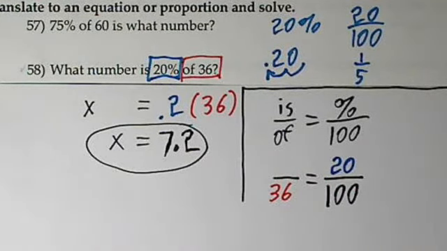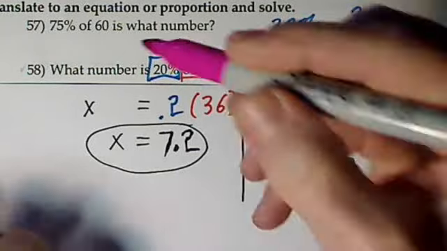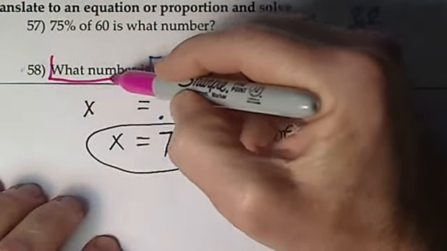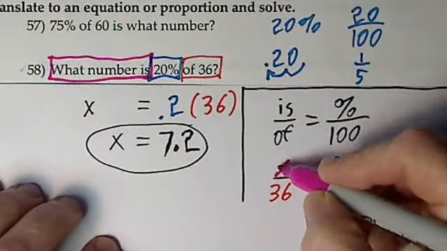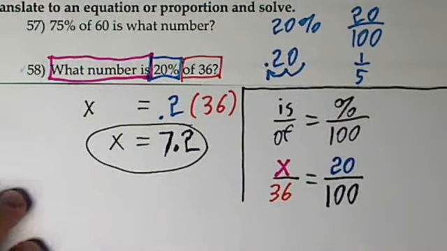And notice they said what number is, so our x will sit there. Okay, and now you have a proportion that you solve.